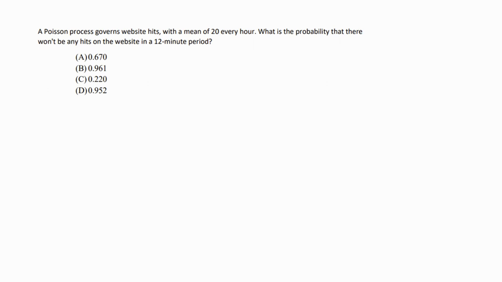Firstly, again the question is based on the Poisson distribution, and the mean of 20 every hour is given. Mean is lambda, and now we can take x as the time in hours from the start of the interval until the first hit.